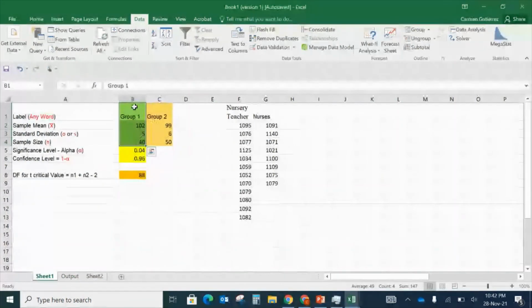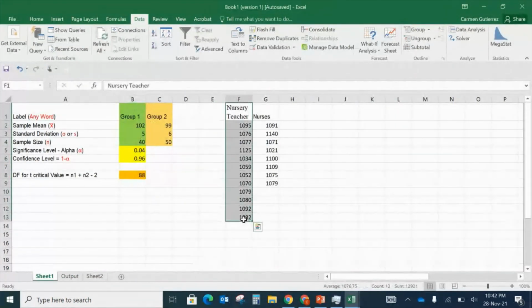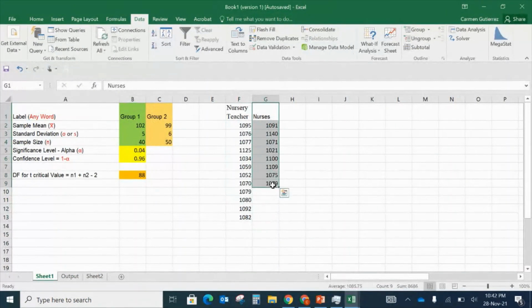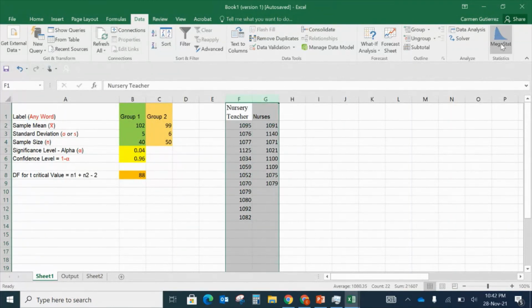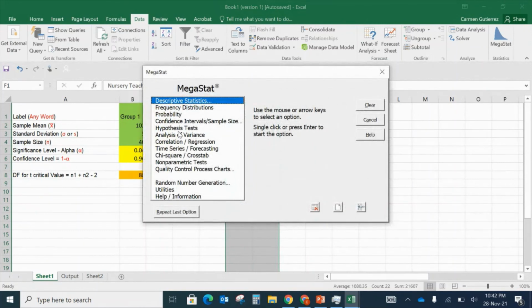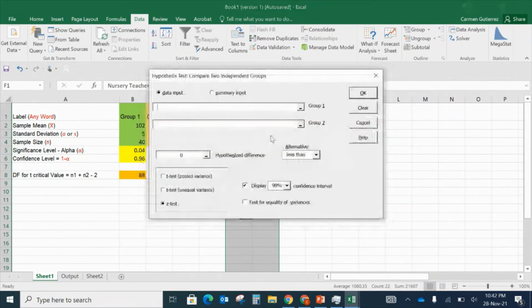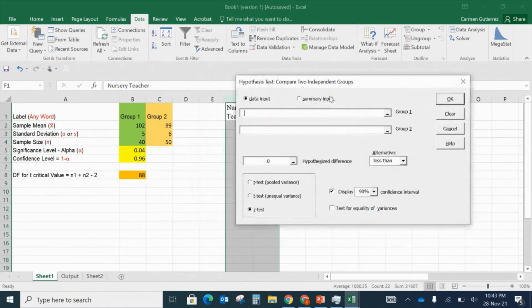For example, these two columns here, nursery teachers' salaries and nurses' salaries. If you have columns with information straight, then hypothesis test compare two independent groups, and you do data input. If you have a summary, then you do the summary right here. Figure out what you're doing in each one: 1 minus alpha, is it a Z test or a T test? And it's finished.